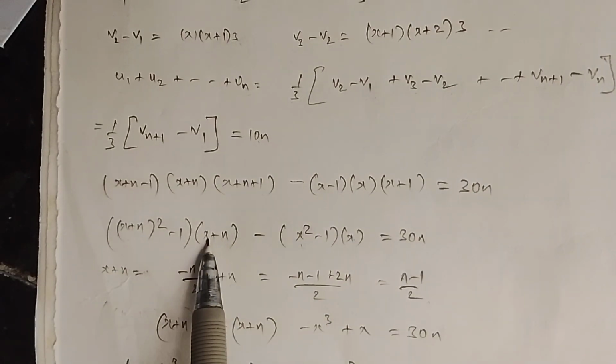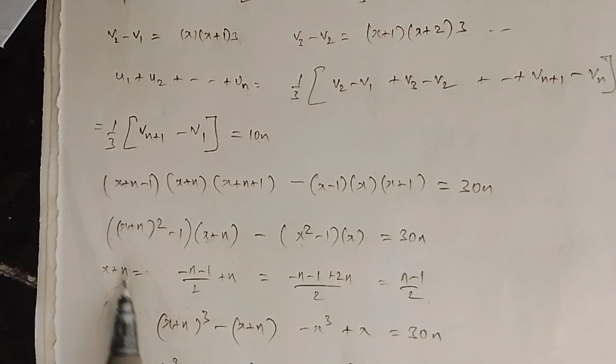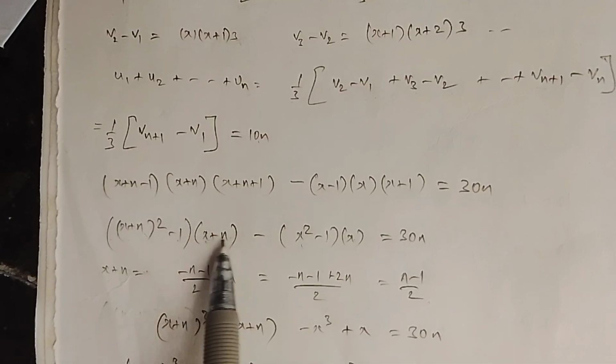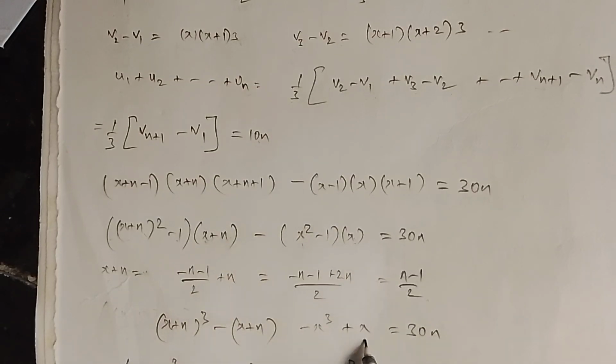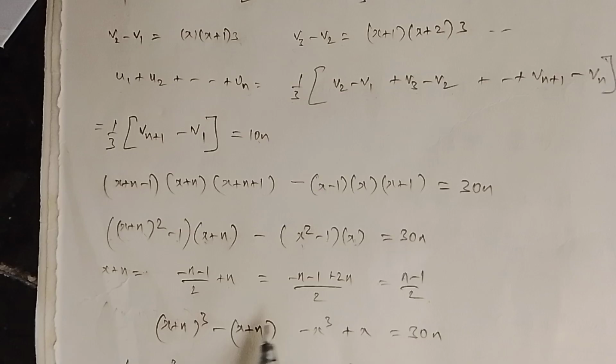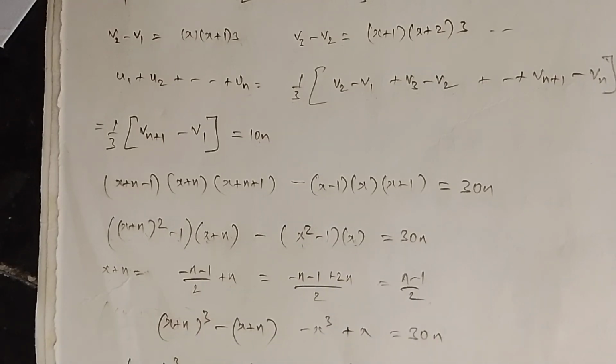If you multiply this, x plus n into x plus n square is x plus n whole cube minus 1 times of x plus n. Similarly, x cube minus x, right? Minus of x cube plus x. Now we'll substitute in the place of x plus n this n minus 1 by 2, n minus 1 by 2 whole cube.